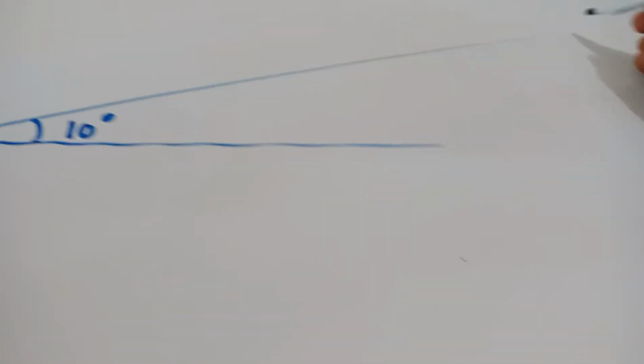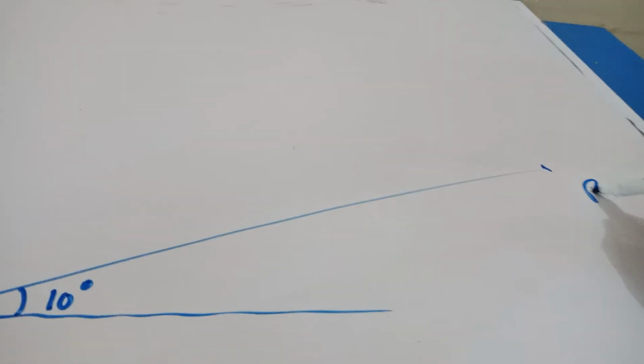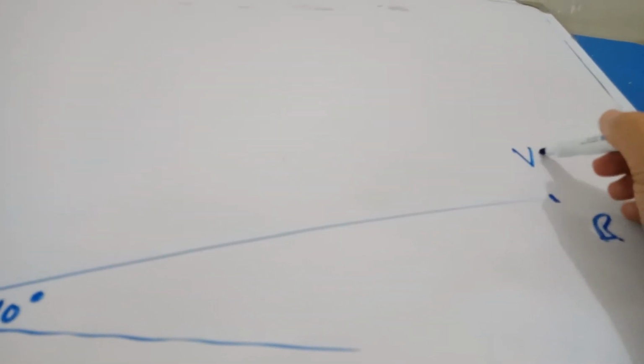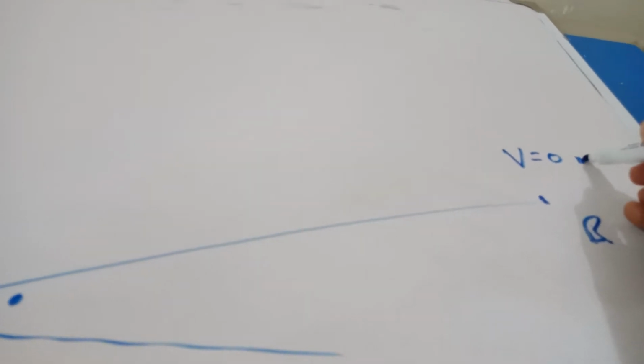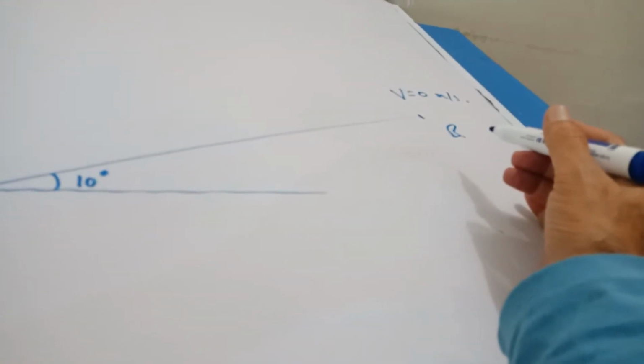So let's suppose it started from the point A and here is the point B. We shall assume that when it reaches the point B, the final speed is 0 meter per second. So we have to find the maximum distance, the distance AB.